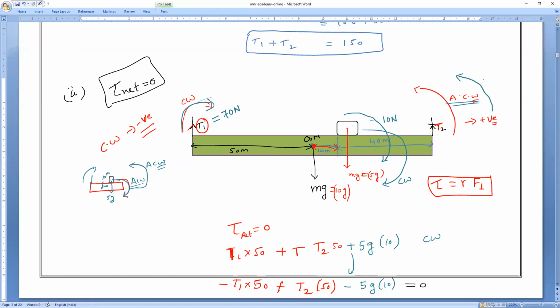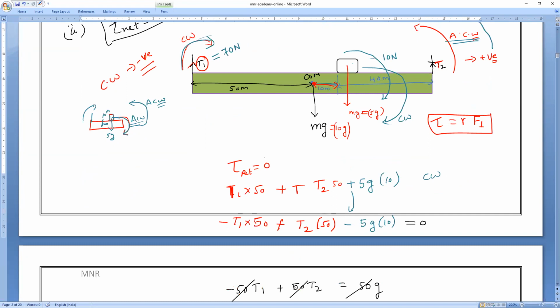How much is the anti-clockwise exerting? 80 newtons. That is why this will be balanced at the center of mass. Clear? Anybody having any doubt, you can ask me. Yes, girls? Okay.